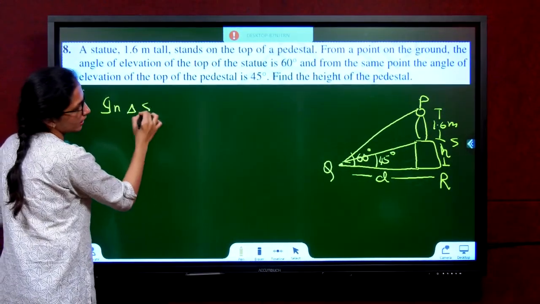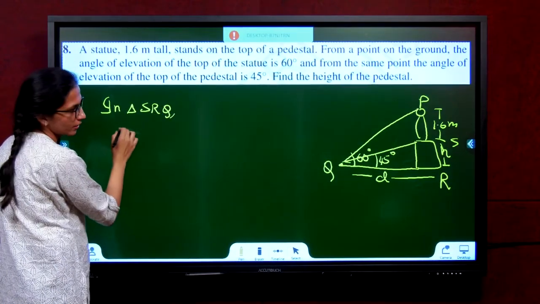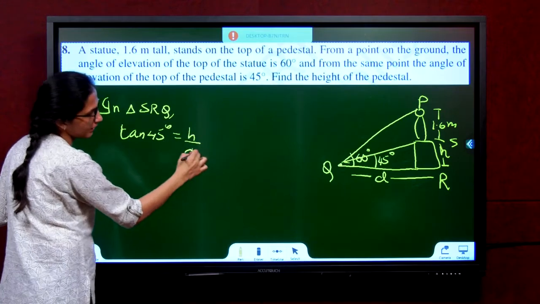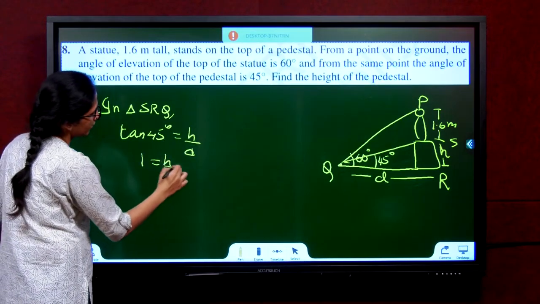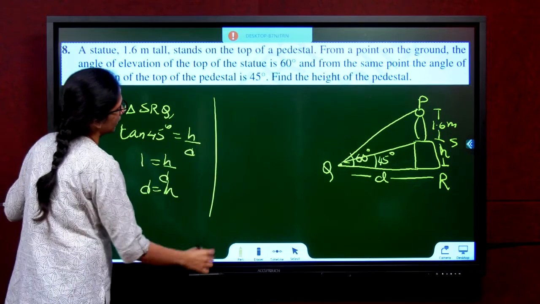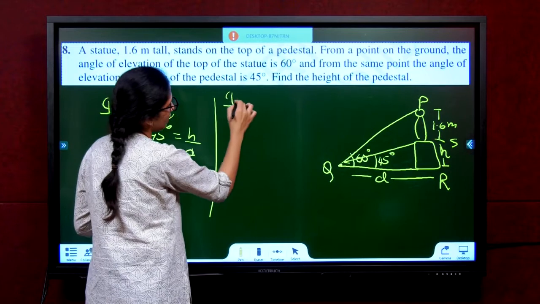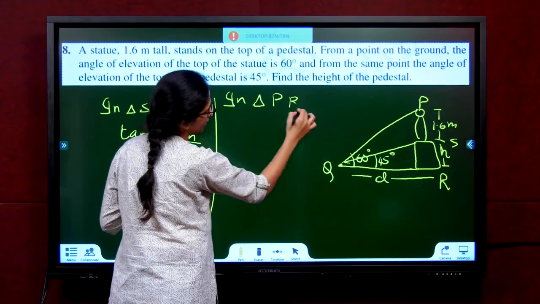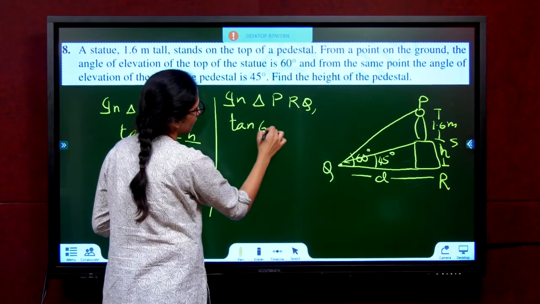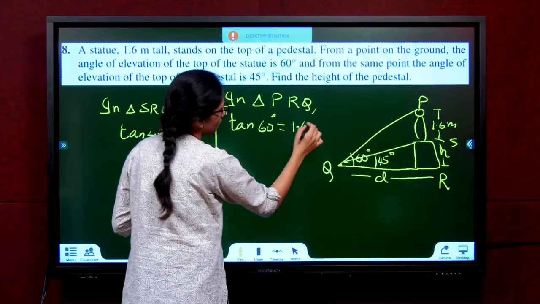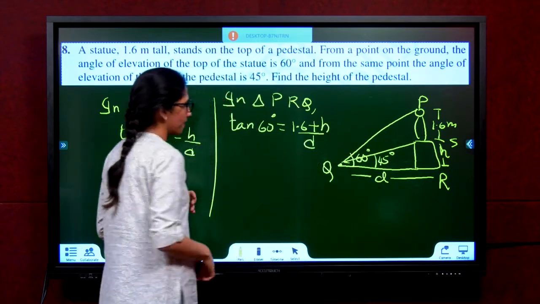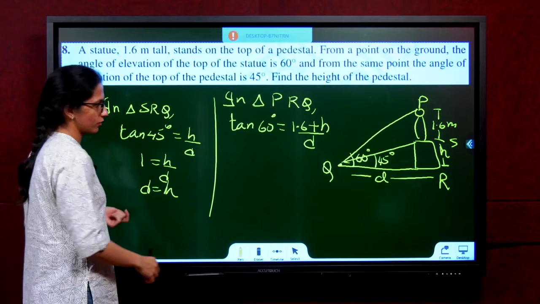In triangle SRQ, tan 45 degree is equal to H by D. 1 is equal to H by D. D is equal to H. I want H, I don't want D. Okay, so we'll see what to do now. In triangle PRQ, tan 60 degree is equal to this whole thing, 1.6 plus H divided by D. I know that D is equal to H, so I can substitute there.